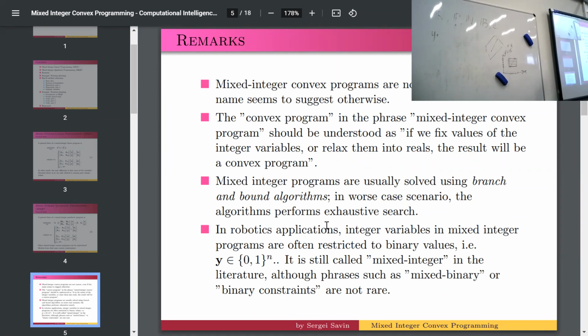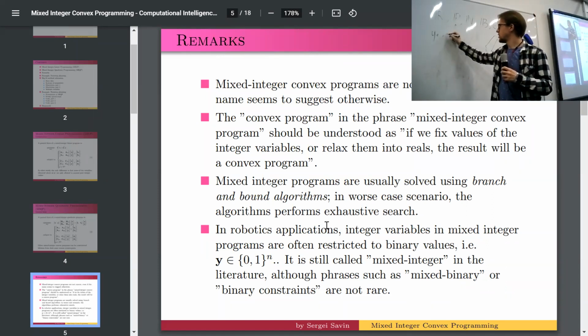In robotics applications, sometimes instead of integer variables, we use binary variables. So sometimes y is not an integer, y is binary. So it's either 0 or 1. That doesn't make it any more difficult. We still call it mixed integer, but sometimes we say binary constraints.